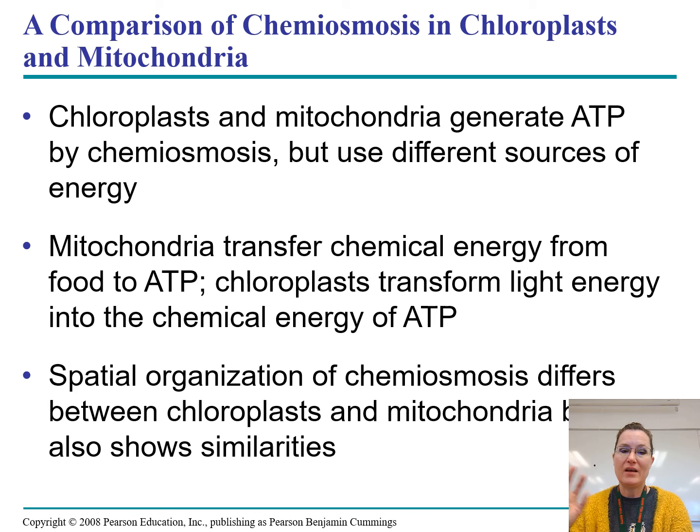But they both have membranes, and they both have gradients, and they both have little helper molecules, the little carrier molecules like NADPH and FADH and all that kind of stuff. And then they have slightly different organelles, so a little bit similar, a little bit different.